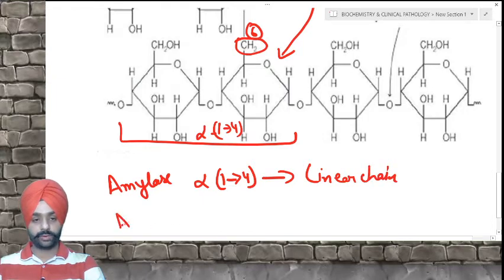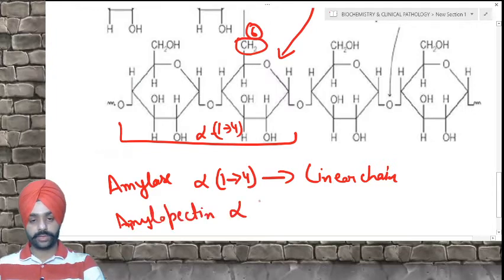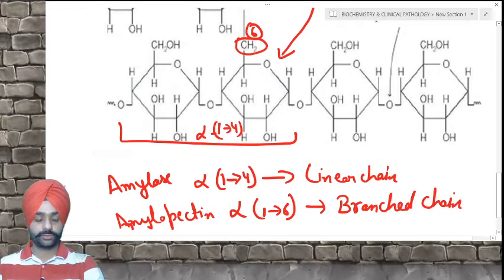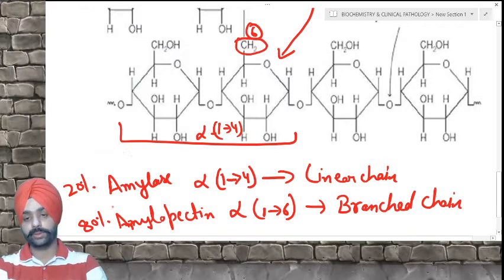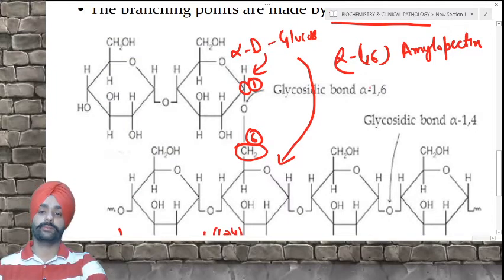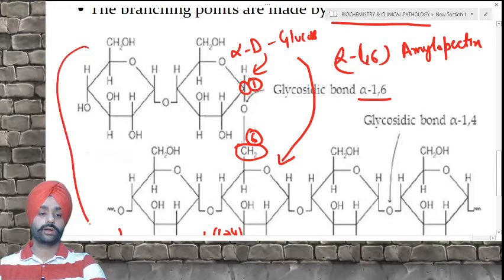But in amylopectin, this is alpha 1,6 linkage and forms a branched chain structure. Amylose consists of only 20% of starch and amylopectin the majority, 80%. The chains of amylose join together by alpha 1,6 glycosidic linkage and tend to form amylopectin.